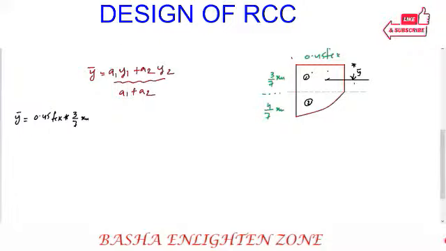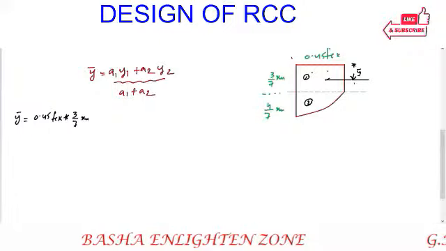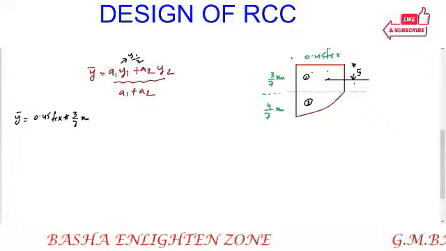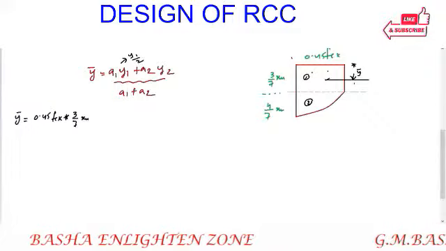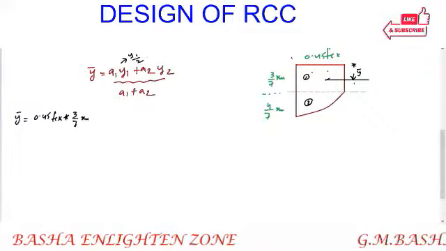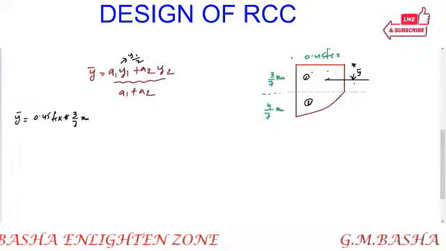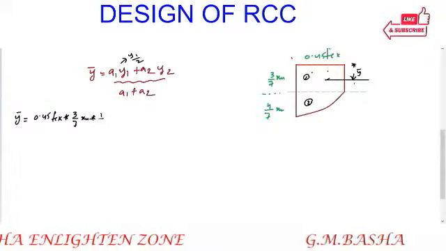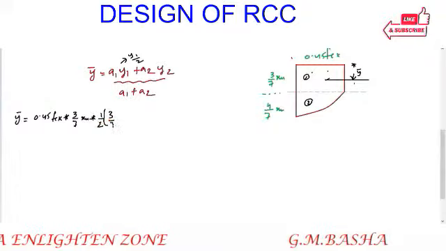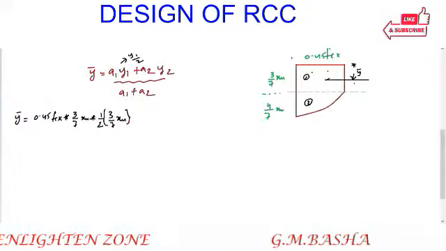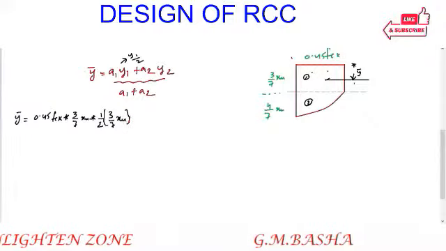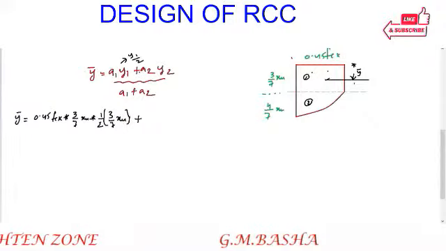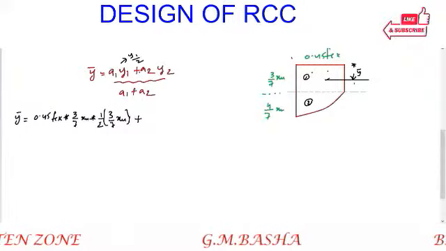And what about this y bar? This y bar will be exactly half of the distance from the top. Why? Because we are finding the centroid distance from the top only. So y1 by 2 means exactly 3 by 7 by 2, I am taking half of the 3 by 7 xu here. Okay, plus, coming to a2.